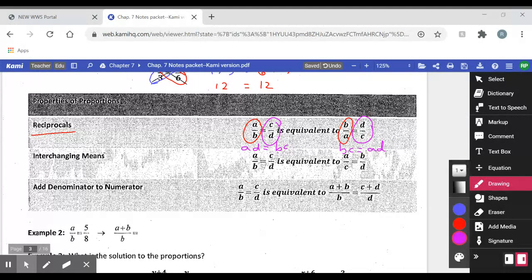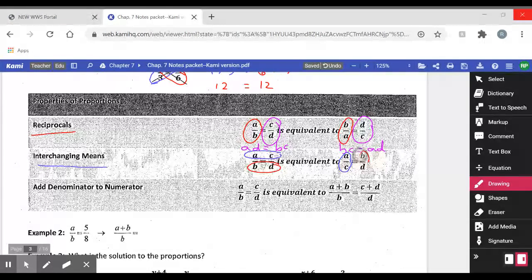Next is interchanging the means. Here you can see that A over B and C over D become A over C and B over D: the A and C that were in the numerators are now together in one fraction, A over C, and the B and D from the denominators are now B over D. But again, if you multiply the diagonals, AD is equal to BC.